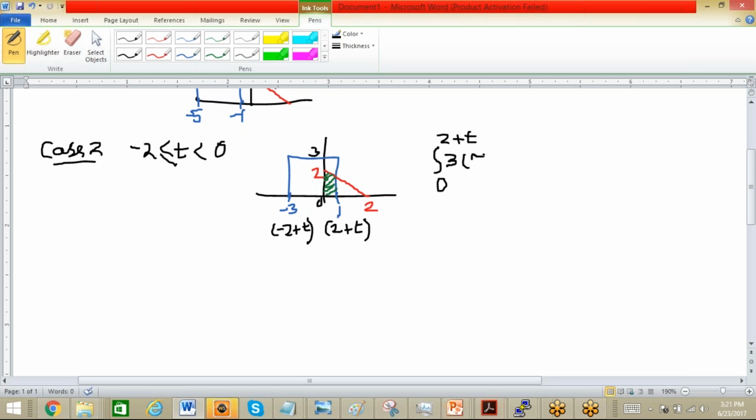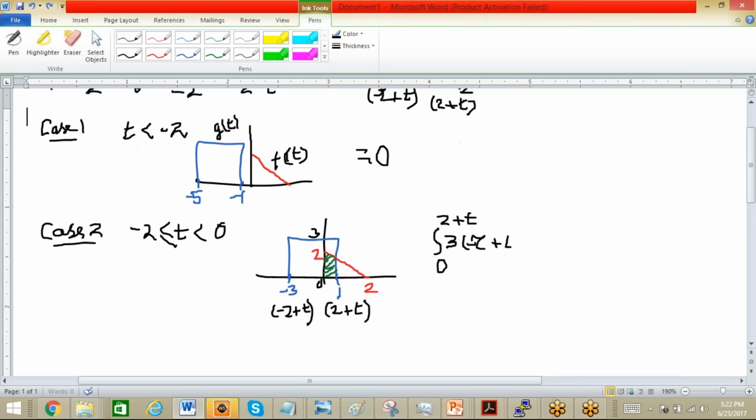So minus t plus 2, and we have already replaced it: minus tau plus 2, d tau.